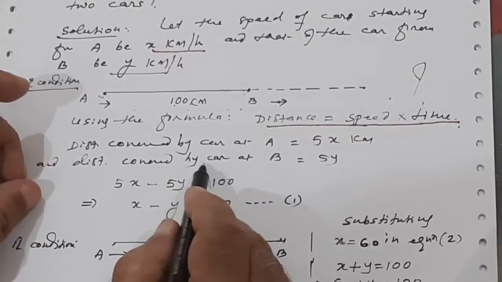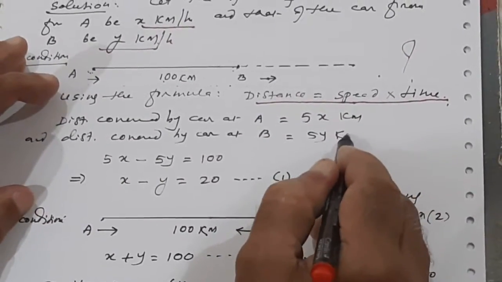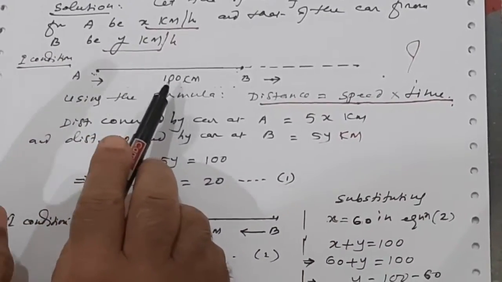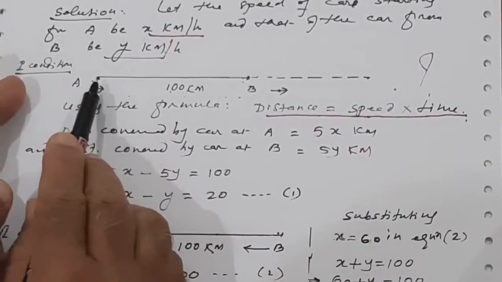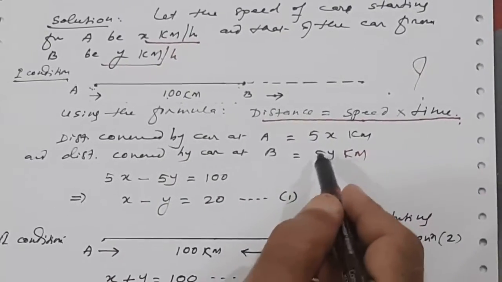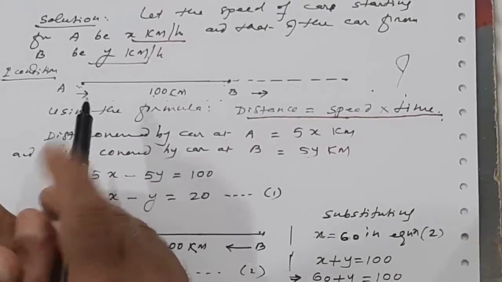Now the distance covered by the car at B in the same time 5 will be 5y. Now as the initial difference of the distance was 100 kilometer, A is covering that 100 kilometer more because they are meeting here.